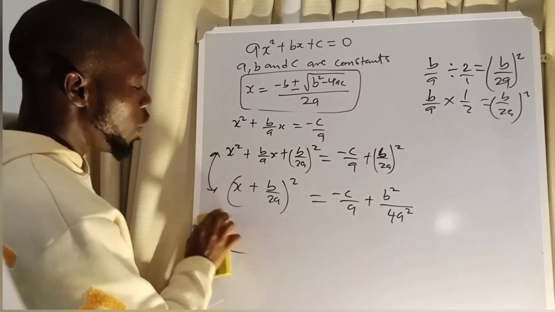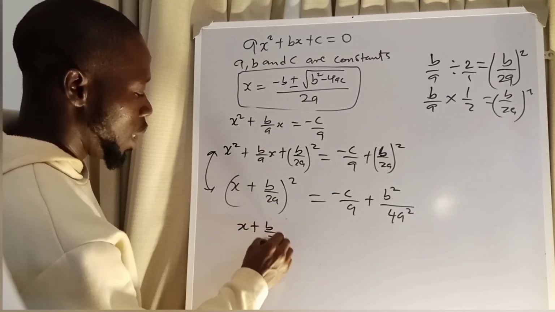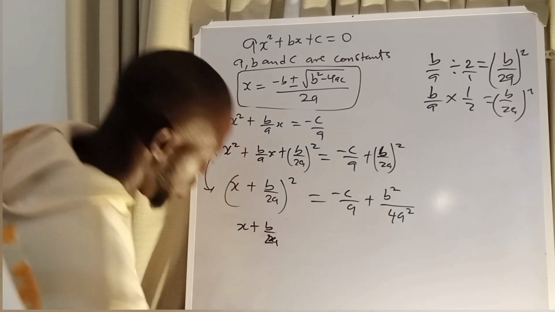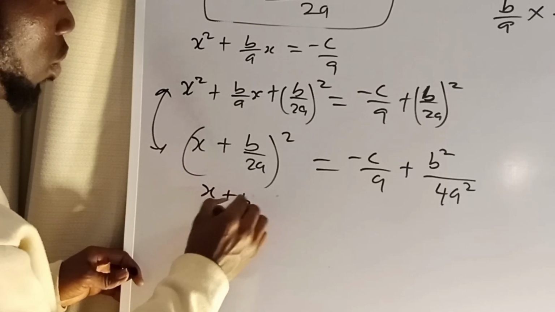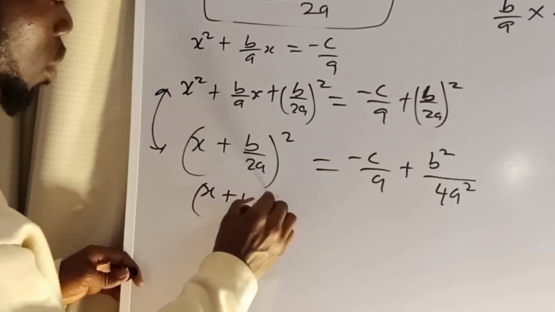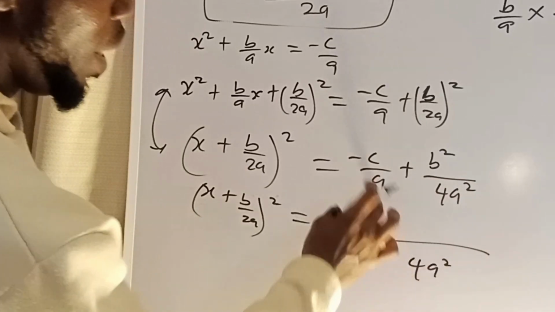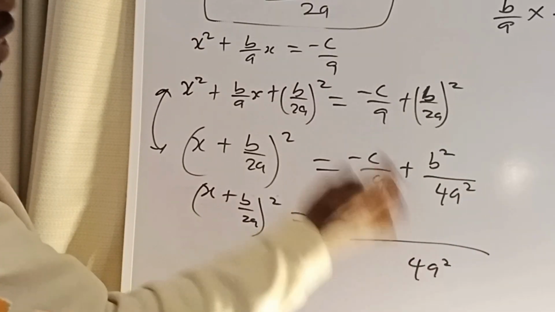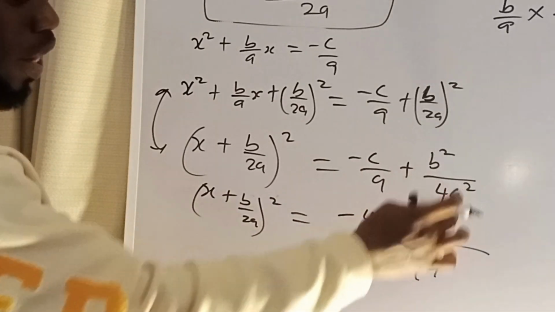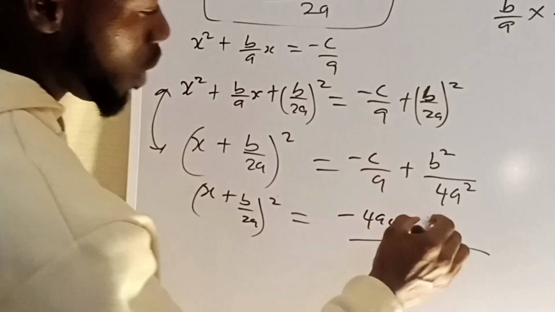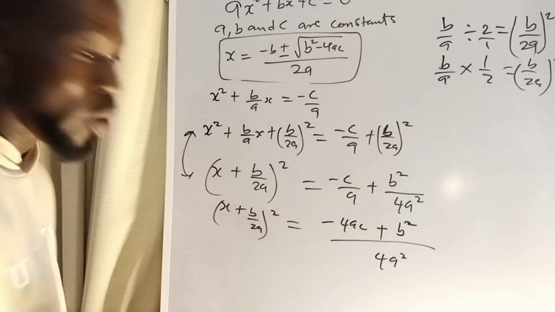So going forward, we have x plus b over 2a all squared is equals to, we'll find the LCM of this, that's 4a squared. A in 4a squared, that's 4a times c. You have minus 4ac plus 4a squared and 4a squared, 1 times b squared, you have b squared. Now, once to take away this square, we'll find the square root of both sides.